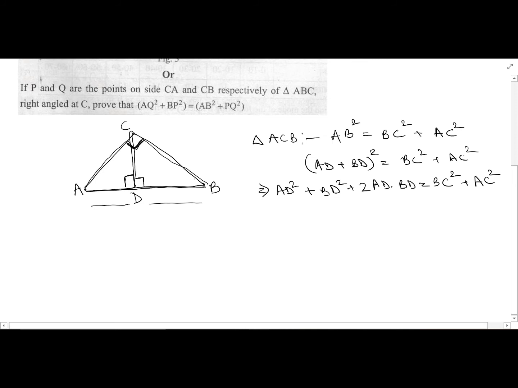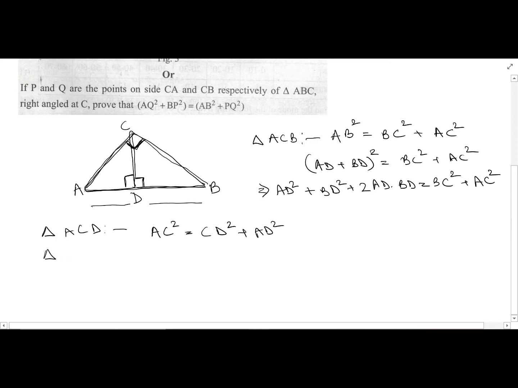Both of them are right angled triangles. So let's consider triangle ACD. Here the hypotenuse is AC. So AC square is equal to CD square plus AD square.